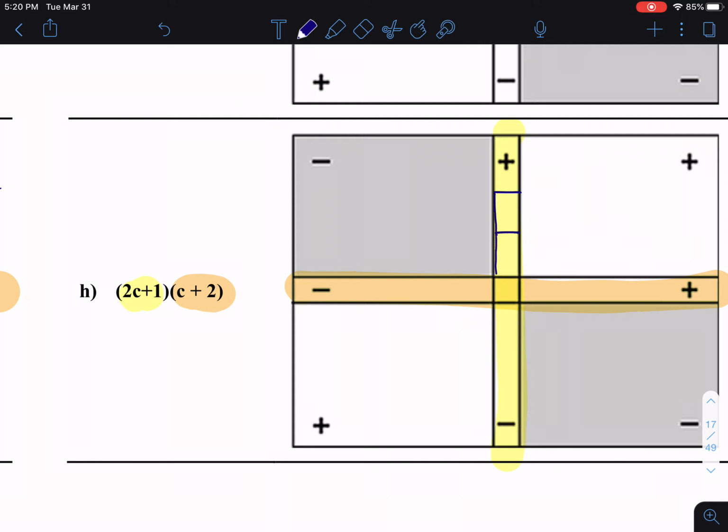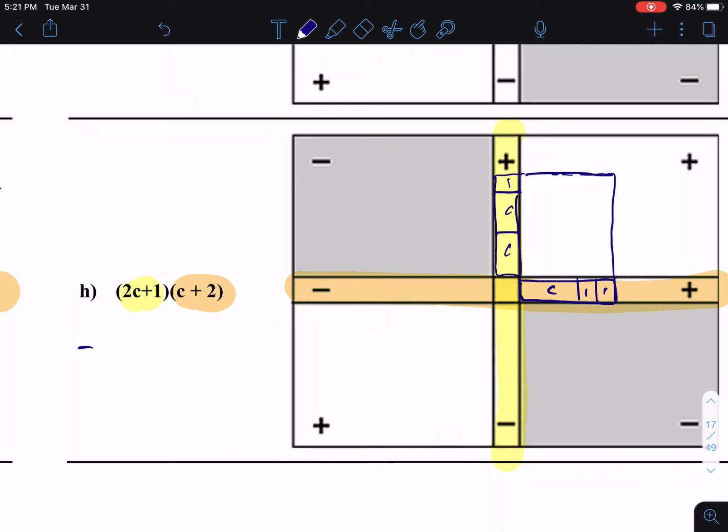So this factor is 2c plus 1, so 1, c, and c. Now this factor on the horizontal is going to be c plus 2. So the rectangle that we have is actually going to be all on the positive side.